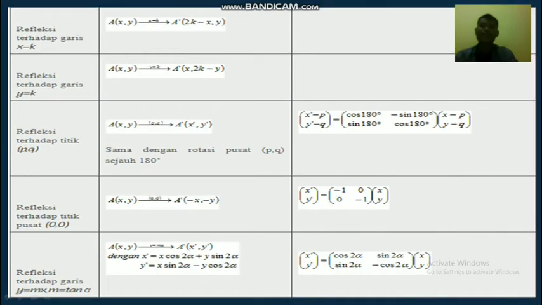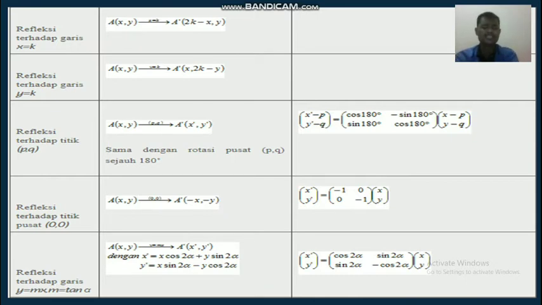And the fifth formula is reflection on the line x = k. The formula is A(x, y) reflected on x = k becomes A'(2k - x, y).